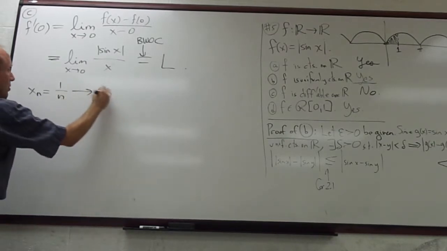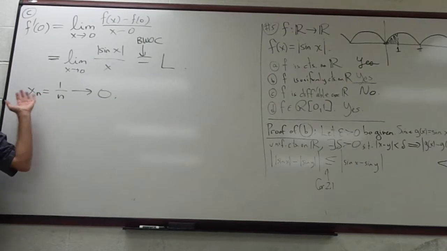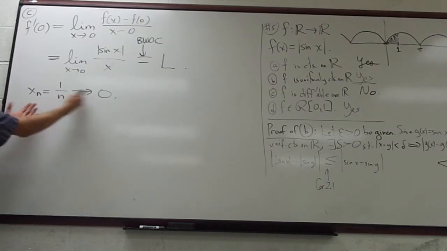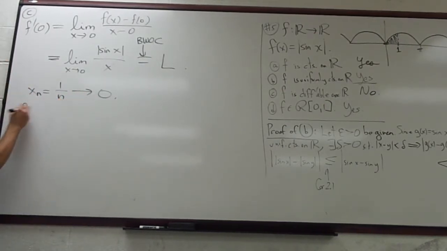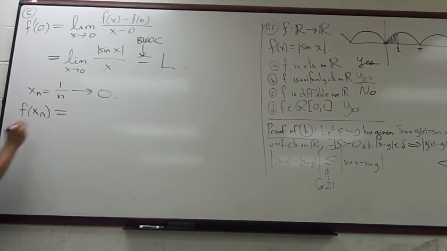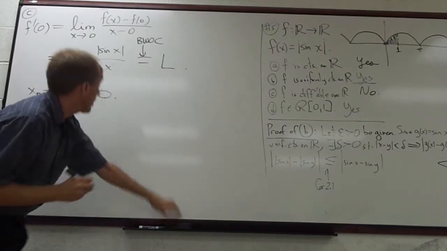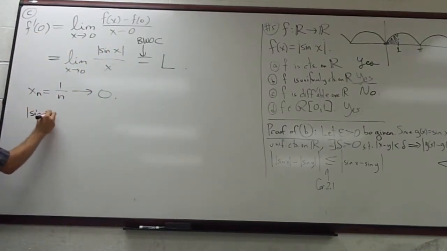That clearly converges to 0. And incidentally, this midterm is not about convergence of sequences, so if you just simply wrote that down, that would be perfectly fine. I'm not asking you to prove that right now. Okay, so that converges to 0. Wonderful. So then let's look at the image of that sequence. Oh, I'm sorry, it's not f of xn that we want to look at. It's actually this whole fraction. So let me just write it out as absolute sine of xn over xn.